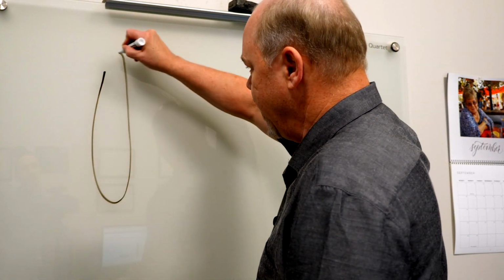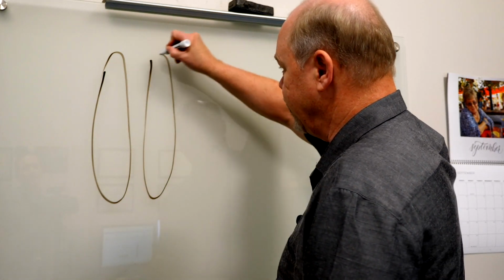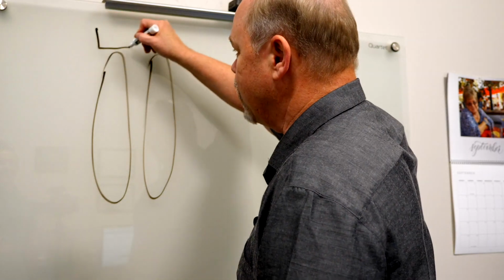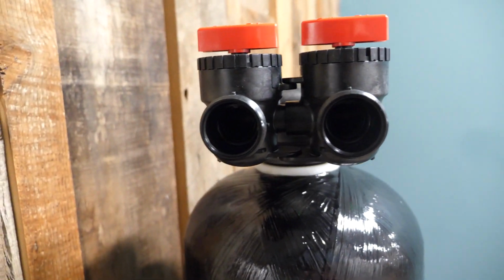Let me show you. The reason we like the upflow systems is because of the way that they operate as opposed to the way a backwashing system operates. Well, the tank that the media is in, they're virtually the same. You have a tank, and excuse my drawing because the symmetry is probably not perfect, but a backwashing system has a valve on top.